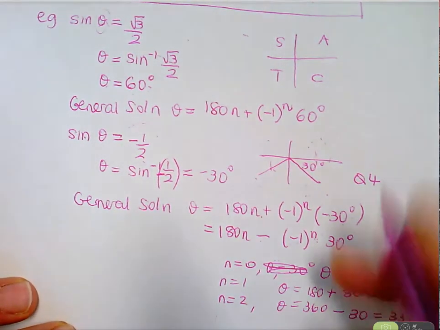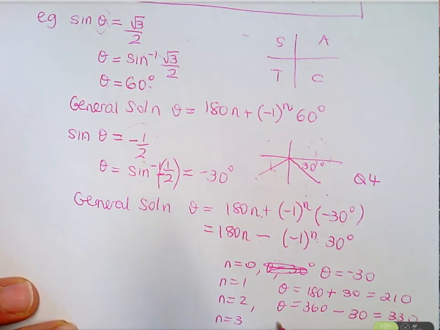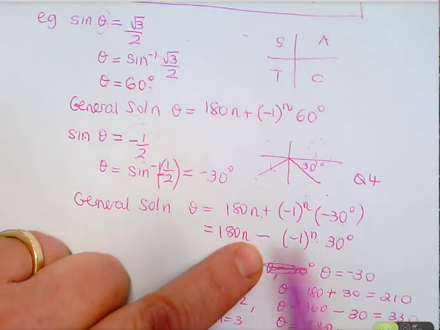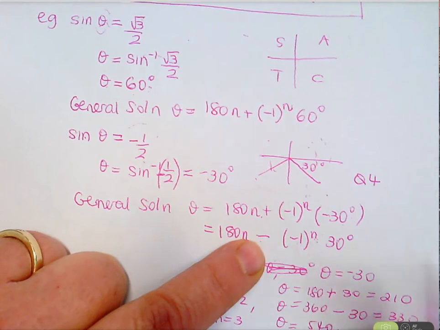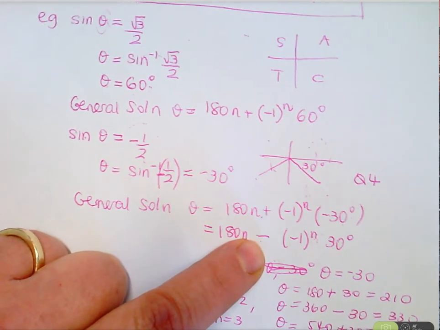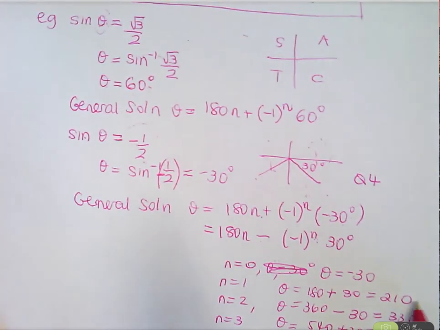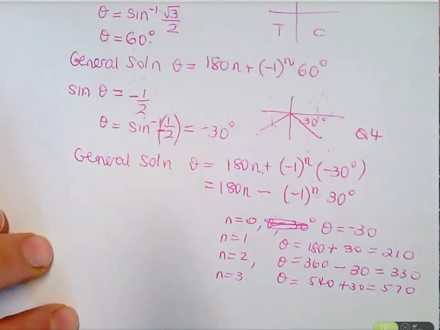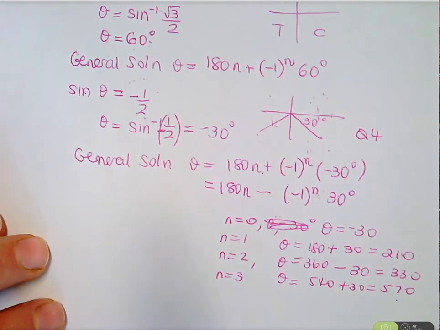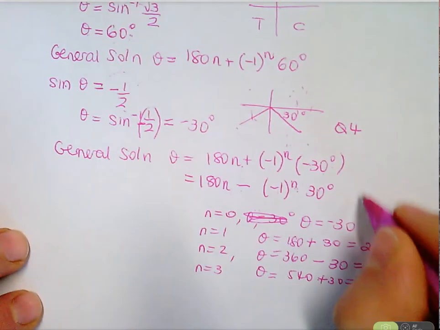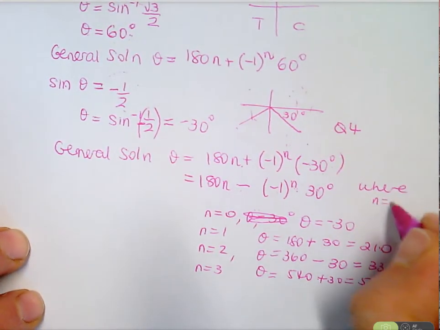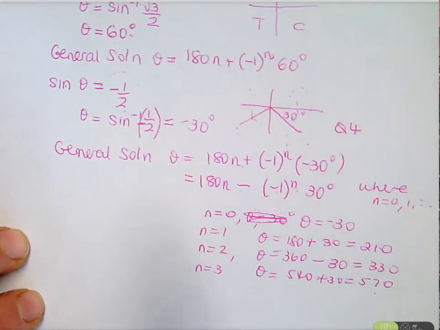N is 3 would give you another one that would work. 180 times 3, that's 540, minus negative 1 cubed is still a minus, so you go plus 30. 570. Now 570 I think is just the 210 answer, and you add 360 to it. It's the next circle, etc. So that's why that's the general solution where n equals 0, 1, etc.